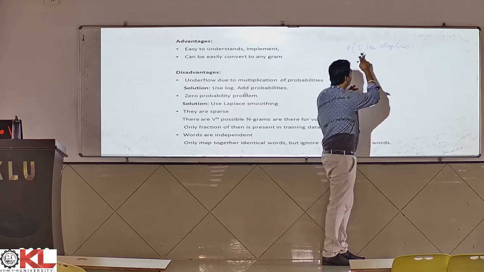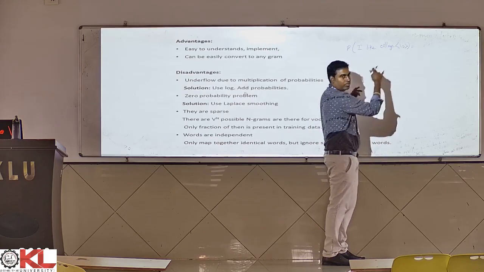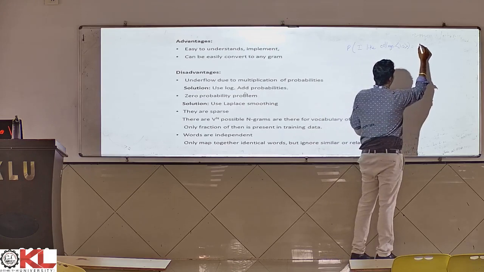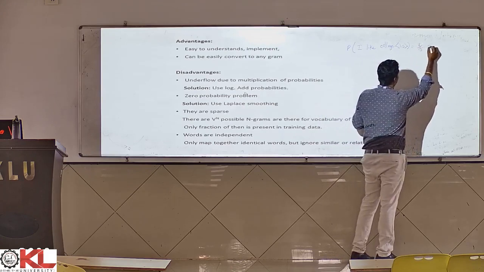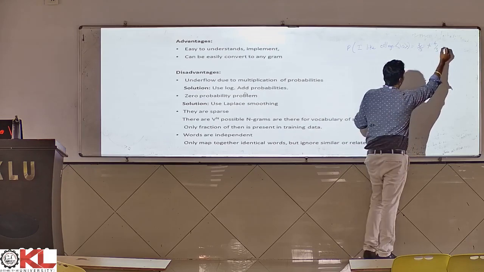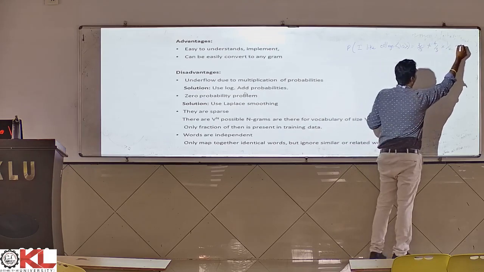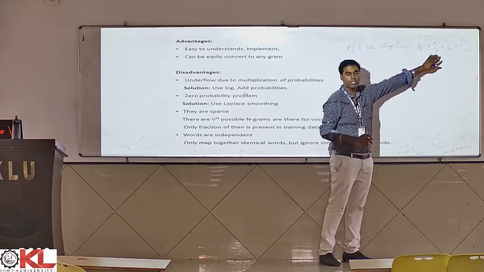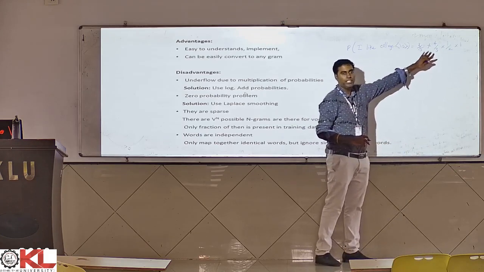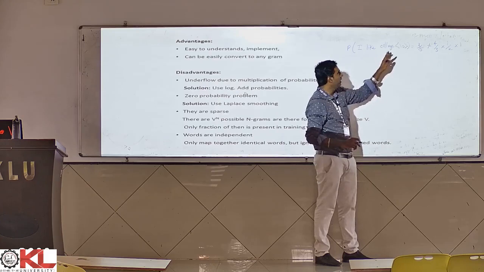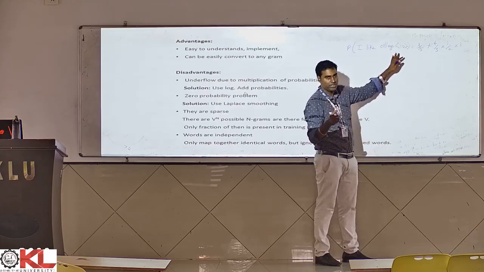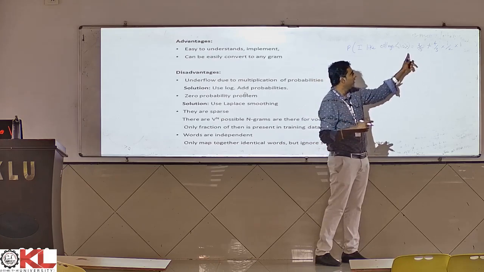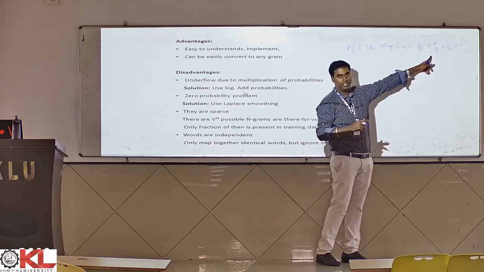I split the sequence using the chain rule, and got, for example, four terms. So these are the four probabilities. I check the occurrence of the individual words, then multiply them together, and that gives the probability of occurrence of the entire sentence.